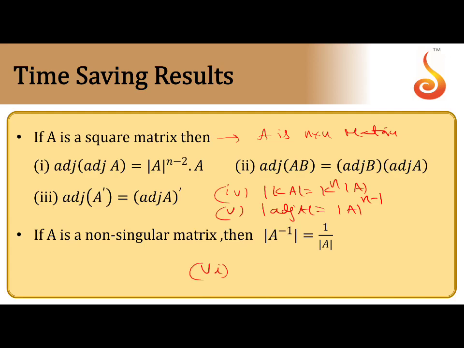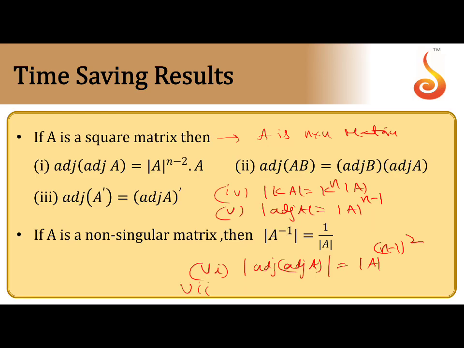Next, sixth property: det of adjoint of adjoint A equals det A whole power n minus 1 whole square. So for one adjoint A, it is det A whole power n minus 1. For adjoint of adjoint A, it is det A whole power n minus 1 whole square. Suppose one more adjoint, that is det A whole power n minus 1 whole cube. So keep on increasing that. I hope it is clear now.